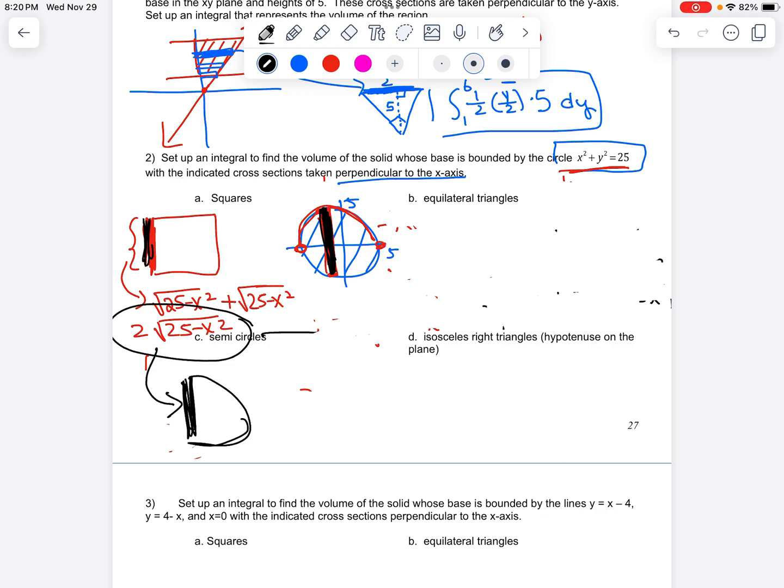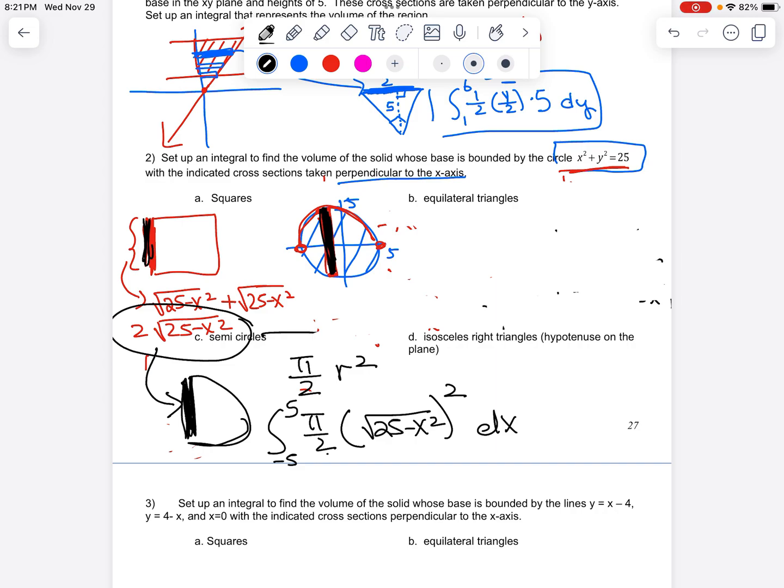We just have to find the area of this semicircle, which is pi halves radius squared. But the radius is half of this distance. So if the whole thing is 2 root 25 minus x squared, the radius would just be root 25 minus x squared. So I have pi half, this is my r squared, thickness is dx, integrated from negative 5 to 5. This would be your total volume using semicircles. And we're going to skip the last one, D.